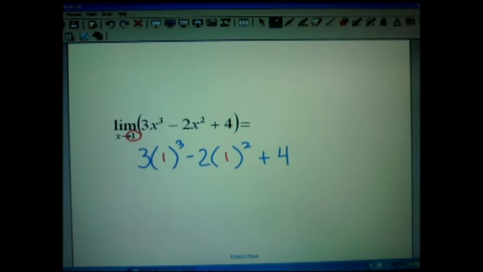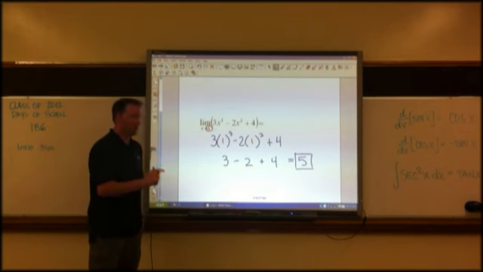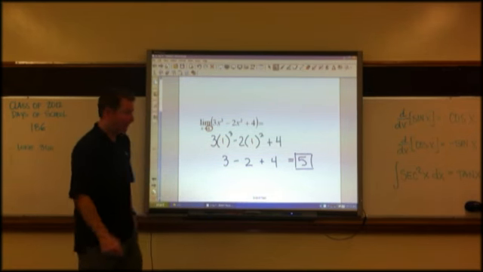And so now this is going to be 1 cubed, this is 1, so this is 3. 1 squared is 1, so I get a 2 there. And plus 4, and our answer is 5. So the limit as x approaches 1 of 3x cubed minus 2x squared plus 4 is 5.